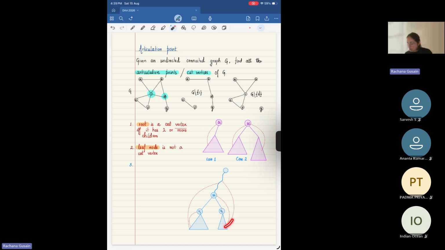There is one back edge which is going to an ancestor of U. If this is the case, that there is at least one back edge leading me back to an ancestor of U, can U be an articulation point? So this is the scenario: for every child of U, there is a back edge which is taking me back to an ancestor of U. In that case, can U be an articulation point?